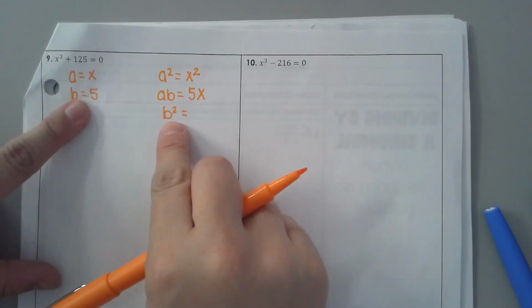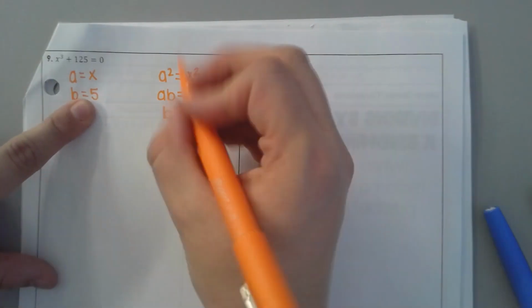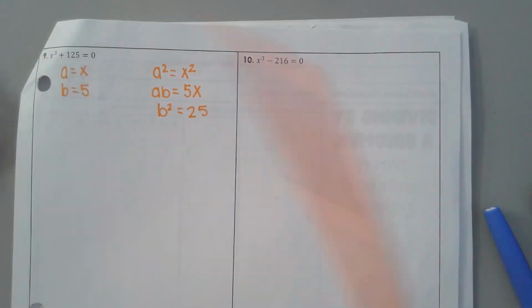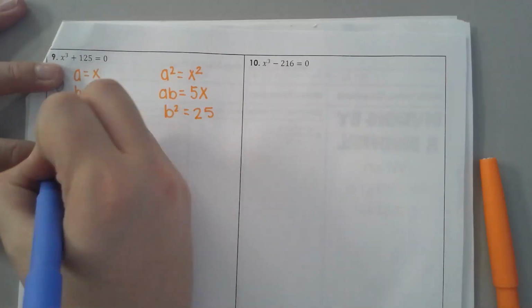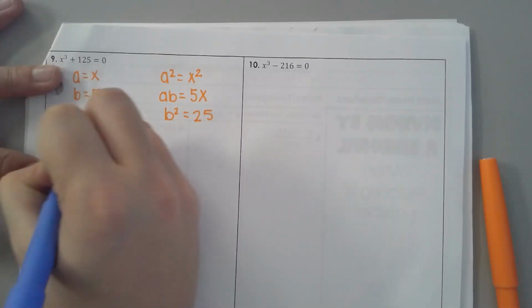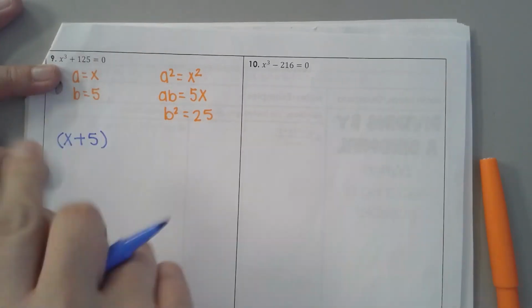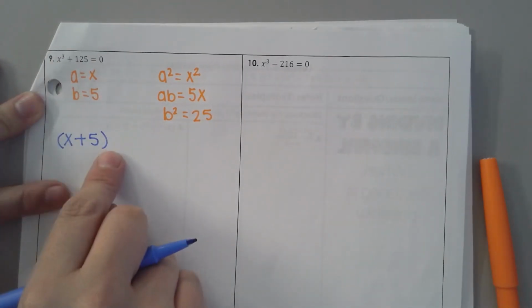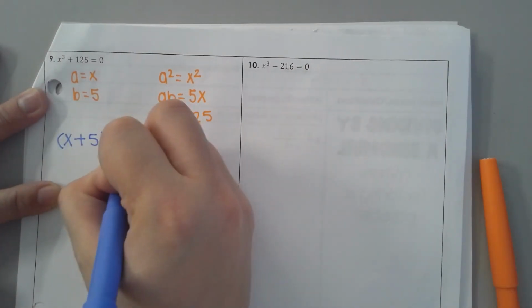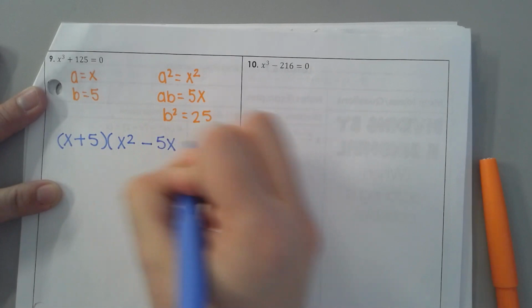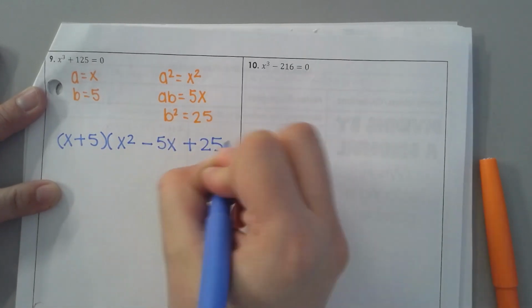And then B squared, yep, 25. And your formula for a sum of cubes is A plus B, so x plus 5, and then x squared minus 5x plus 25.